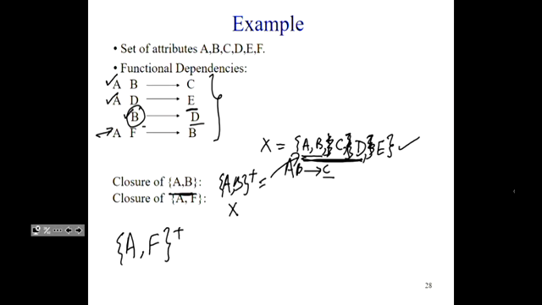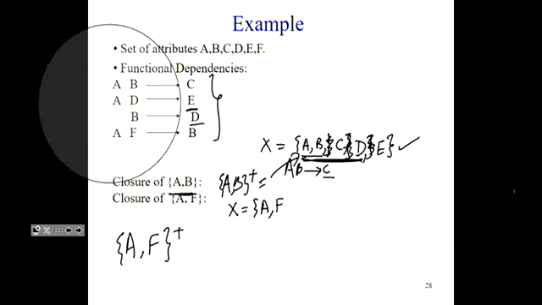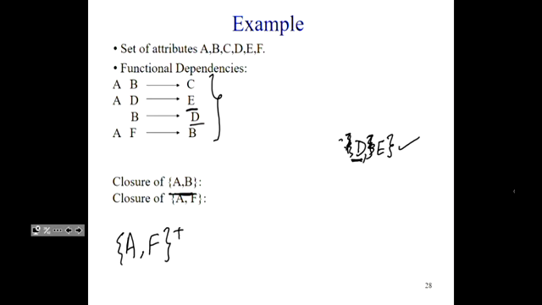Okay, so X starts off being A comma F. So what would I apply first? AF implies B? Sure. So I would change this to AFB because A and F were in my set X, B was not, so I have AFB.